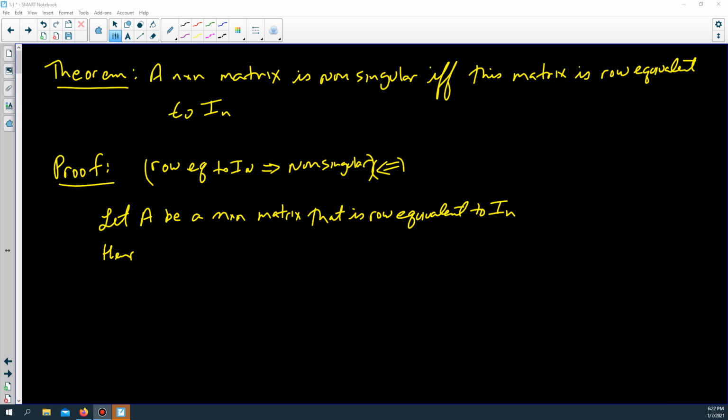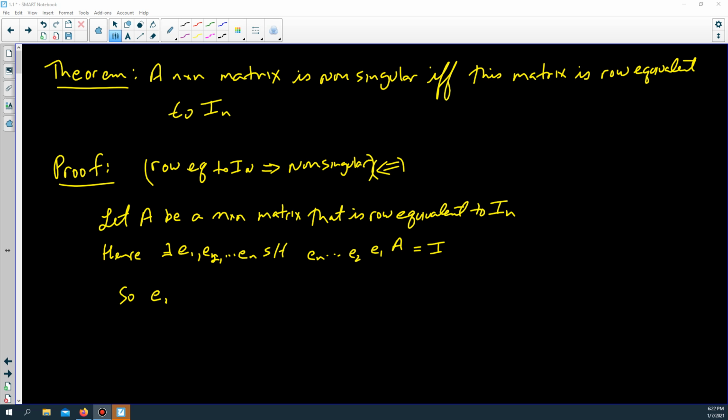Hence, there exist elementary matrices E1, E2, say up to E sub n, such that when you multiply on the left of A by E1 and E2 all the way down to En, you get the identity matrix.